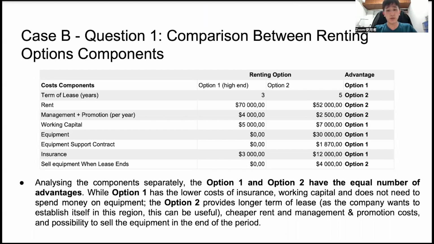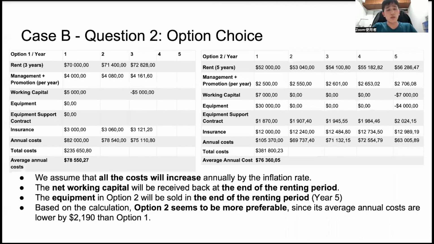Option 2 provides a longer lease term, as the company wants to establish itself in this region. This can be useful. It also has cheaper rent and management and promotion costs, and the possibility to sell the equipment at the end of the period. And question 2 is to choose between option 1 and option 2 for Xiaomi.